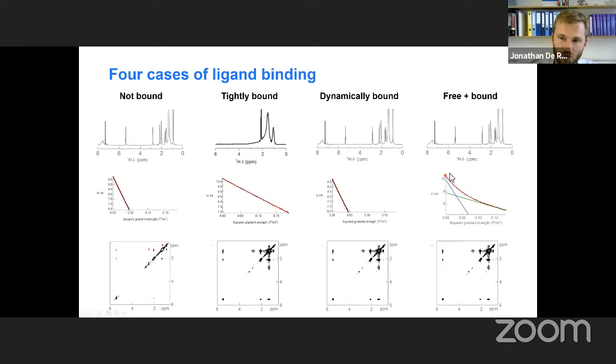In the DOSY, you're not going to see one straight line of one species. No, you're going to see that underneath this sharp peak, there's probably a broad peak that you did not see, because there is this slow diffusion coefficient that belongs to that bound state. And then the overall NOESY spectrum is going to be negative, because all these things are interacting with the nanocrystal surface. So that's how you can distinguish those four cases with those three techniques together.